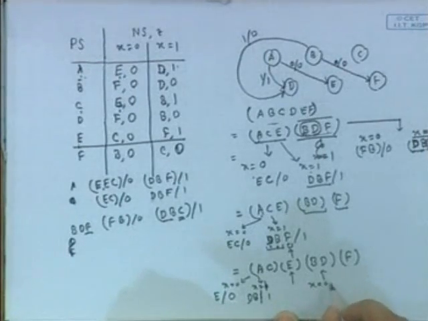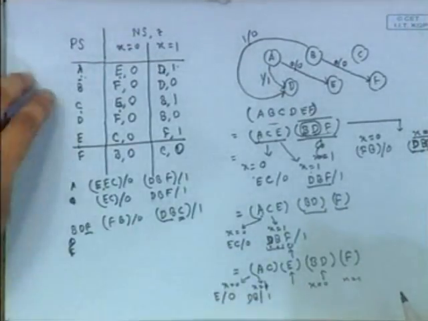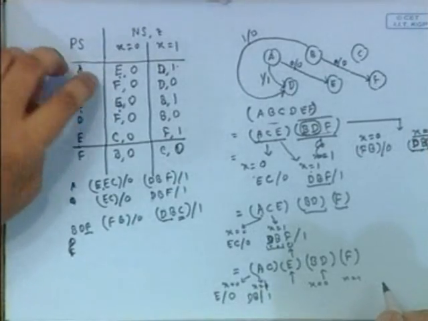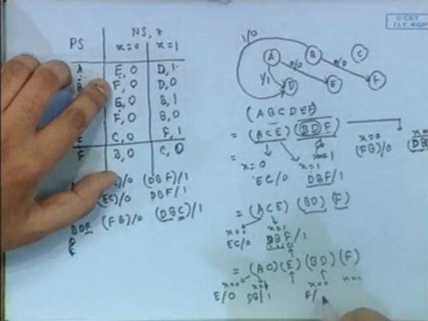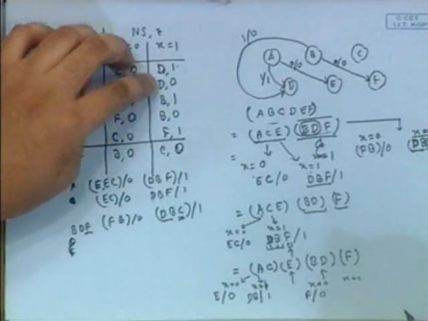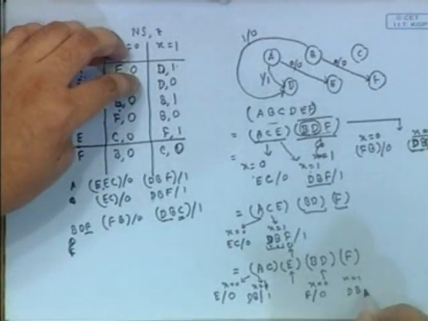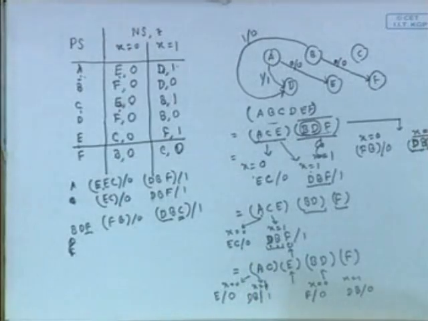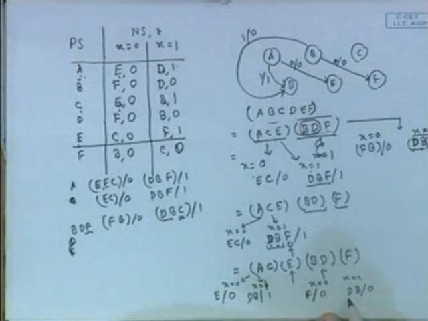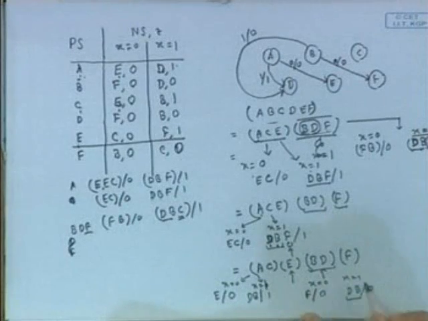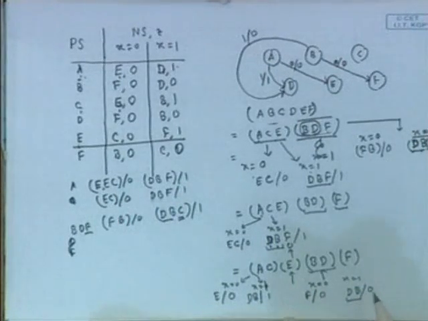You will apply x equal to 0 input and x equal to 1 input to BD. For BD, you will go always to F with 0 input, and for x equal to 1 you will always go to either D or B with an output 0. Okay. So you will see that BD belongs to the same group in the previous refinement, and also here BD belongs to the same group.